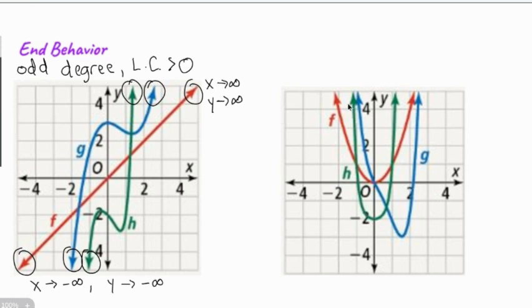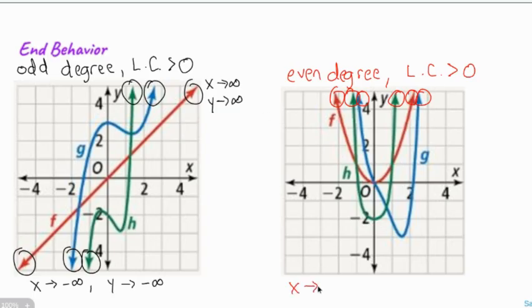Now, these ones right here, these are even degree and a lead coefficient greater than 0. So now look at these arrows right here are all up and to the left. These arrows are up and to the right. So as x approaches negative infinity, again, that would be going to the left, y, since they're going up, would go to infinity.